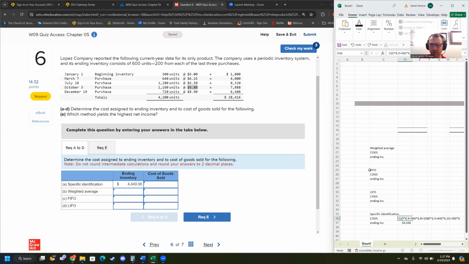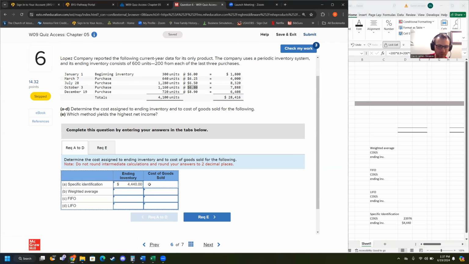And that should be it. And I always forget the equal sign at the beginning. So cost of goods sold was 23,976. It's a good amount of cost of goods sold. So that's with the specific identification.